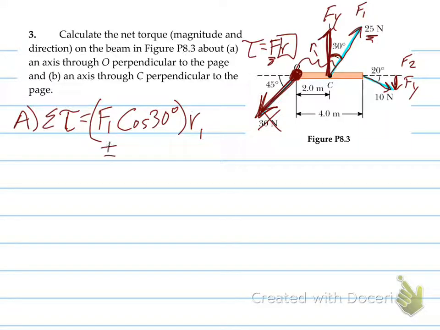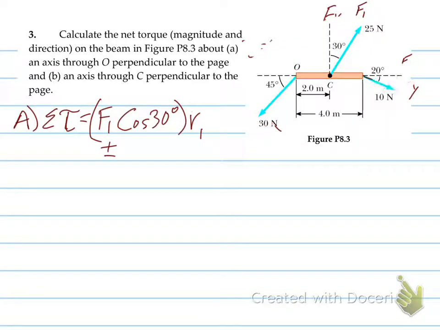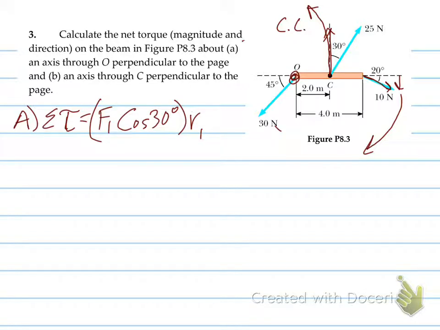Is it plus or minus here on the next one? Well, if we look back at these forces, this force that's acting, if this is the point of rotation, would cause it to try to rotate this way, which would be counterclockwise. And this force has a y component that would go this way, which would be clockwise. So they have to have opposite signs.